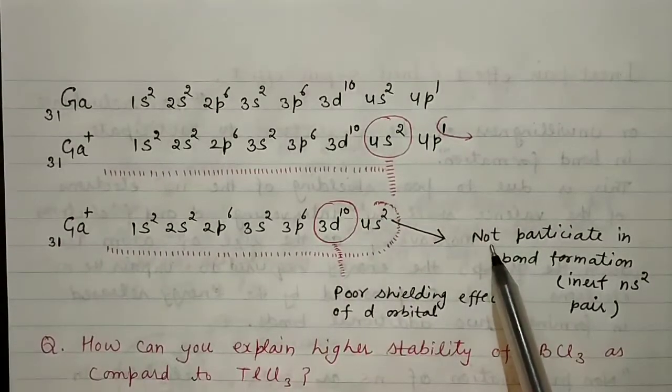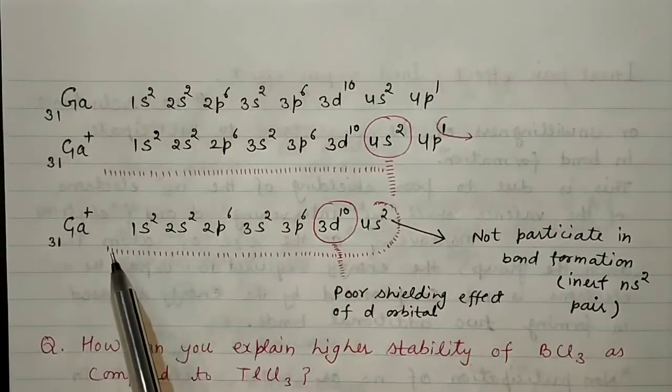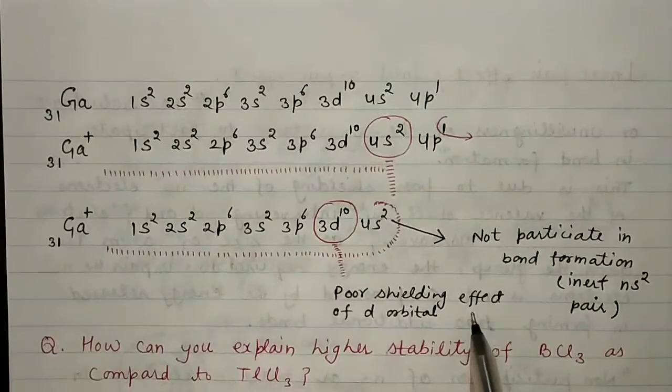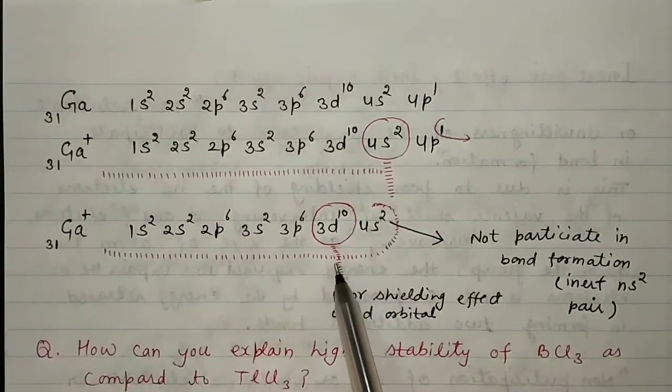So non-participation means these two electrons will be more attracted towards the nucleus, because the poor shielding of the d orbital is not going to stop the effective nuclear charge.